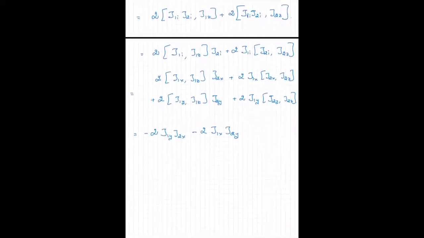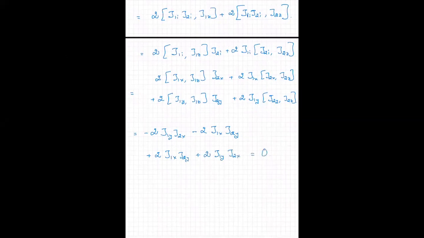So this is minus 2 j1x j2y. What's the third term? The commutator of j1y and j1z is plus j1x. So this is plus 2 j1x j2y. The last term is plus 2 j1y. The commutator of j2y and j2z is plus j2x. Okay, and this is 0.